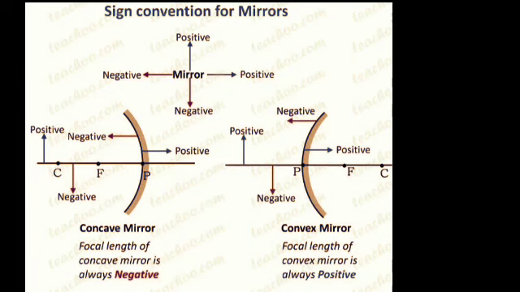Distances measured vertically upward from the principal axis are taken to be positive, while distances measured vertically downward from the principal axis are taken to be negative. The focal length of a concave mirror is negative, while the focal length of a convex mirror is positive.